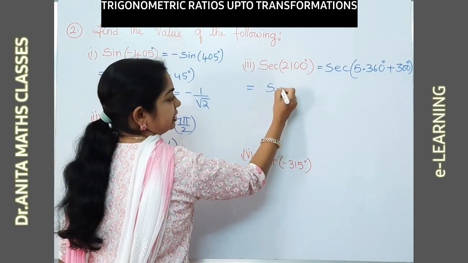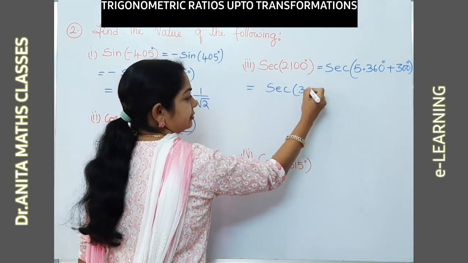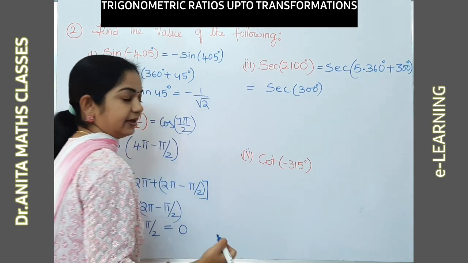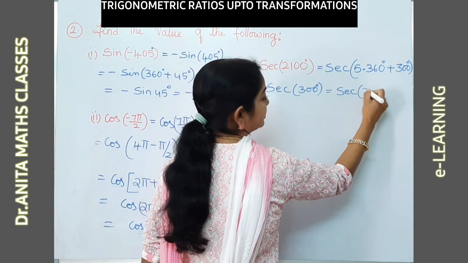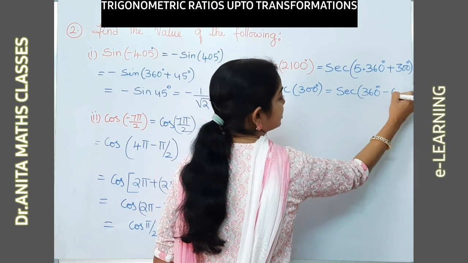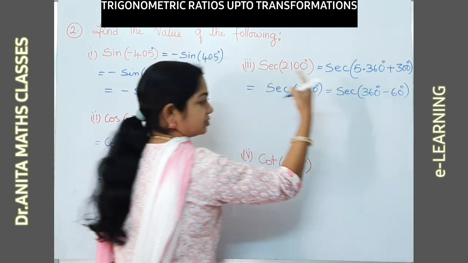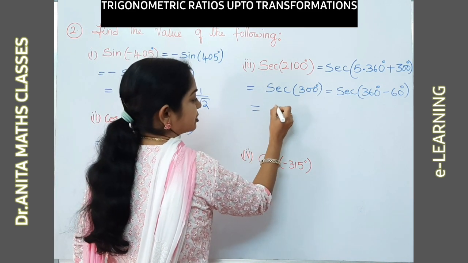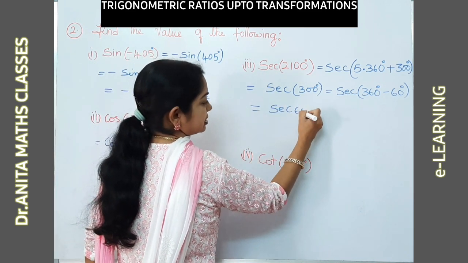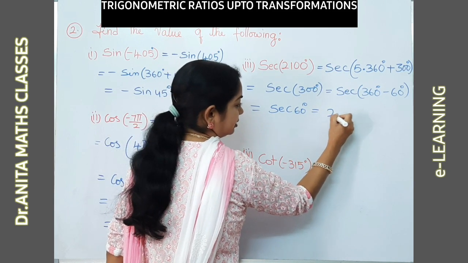So that is secant 300. And secant 300 we can write as secant of 360 minus 60 degrees. So 360 minus 60 is in the fourth quadrant. In the fourth quadrant secant is positive. So secant 60 degrees. Secant 60 degrees is the value 2.